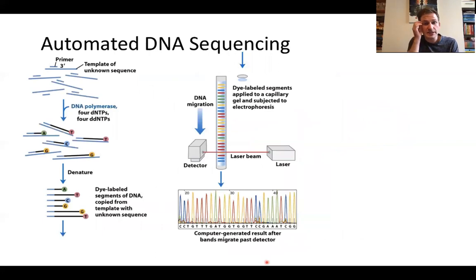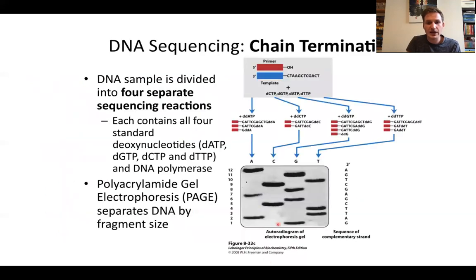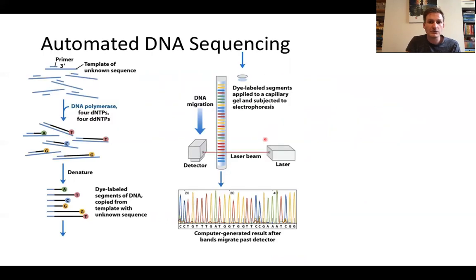Now machines have become more sophisticated, such that they can still separate DNA at a 1 base pair difference, but instead of running 4 different reactions in 4 different lanes, as we see here, they run them in just one lane.